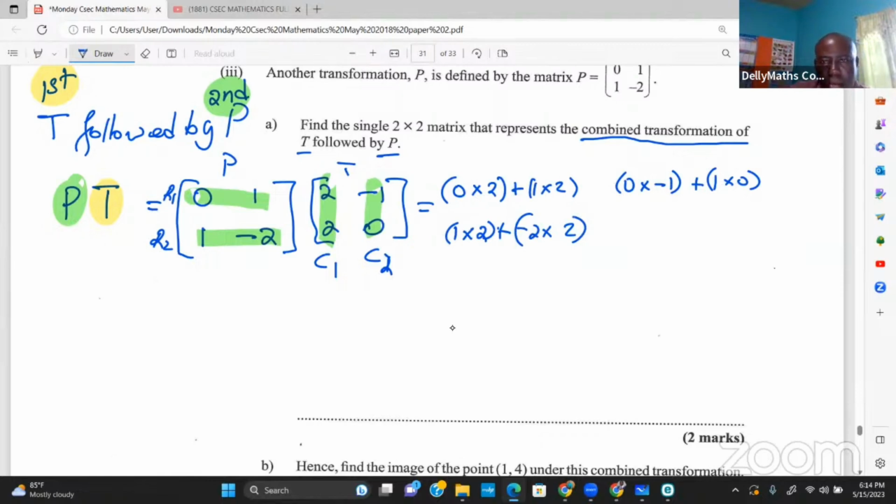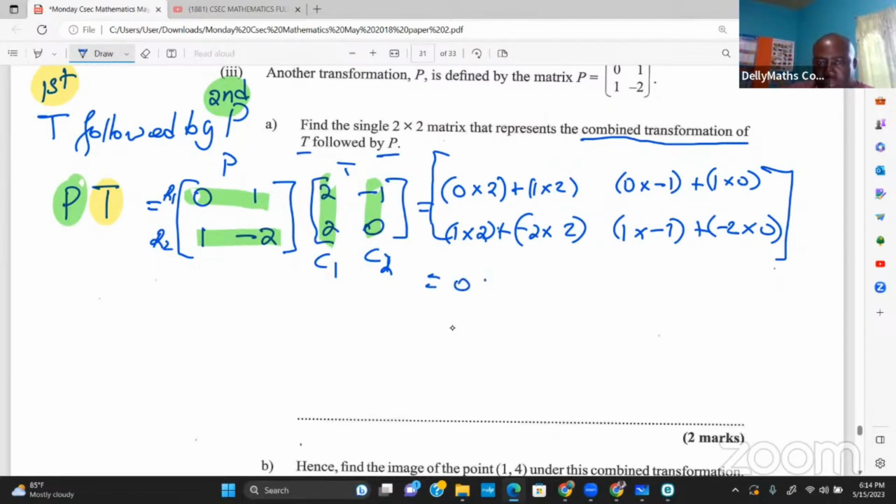Then row 2, column 2: 1 times -1 plus -2 times 0. And we take our time, make sure that there's no error, because with this, a lot of times we know what to do, right? But the calculation will be tedious, little things, you know? So we try not to error. So let us do one more step.